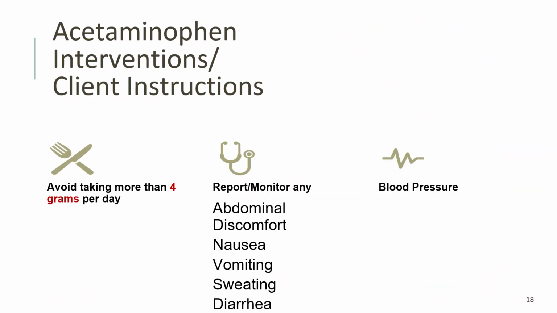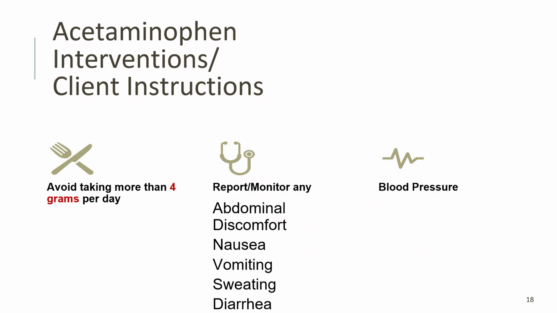What are some things we need to know as nurses to assess, give our interventions, and then teach our patients as well? So we talked about signs and symptoms of overdose. You're not going to kill yourself overdosing with Tylenol or acetaminophen right away. It's a slow problem, but you can cause severe liver damage within 48 to 72 hours of overdosing on Tylenol.